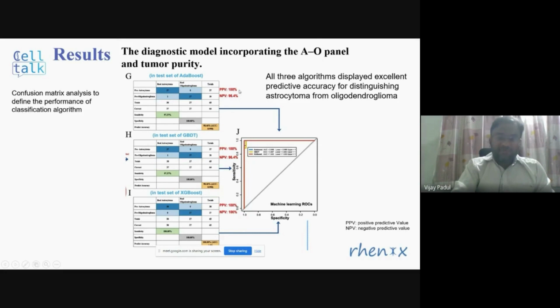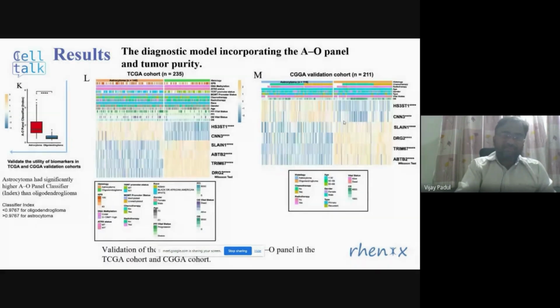The positive predictive value was 100% in XGBoost and ADAPT-boost, while the negative predictive value was 96% and 96.4% respectively, while 100% in the case of XGBoost. So these statistical models performed well, and they gave excellent predictive accuracy for distinguishing between the astrocytoma and oligodendroglioma histological subtypes by using all these molecular signatures.